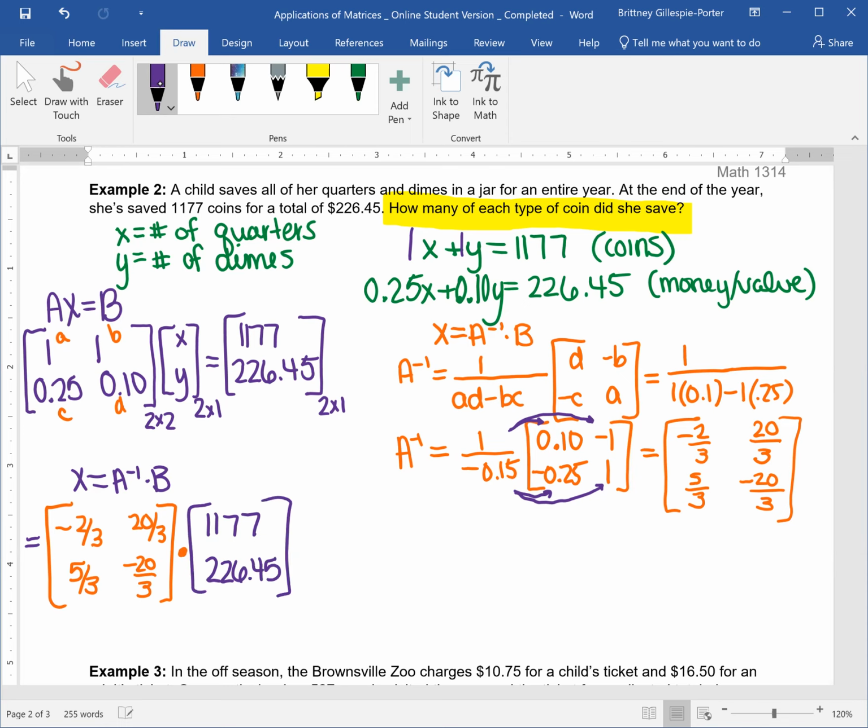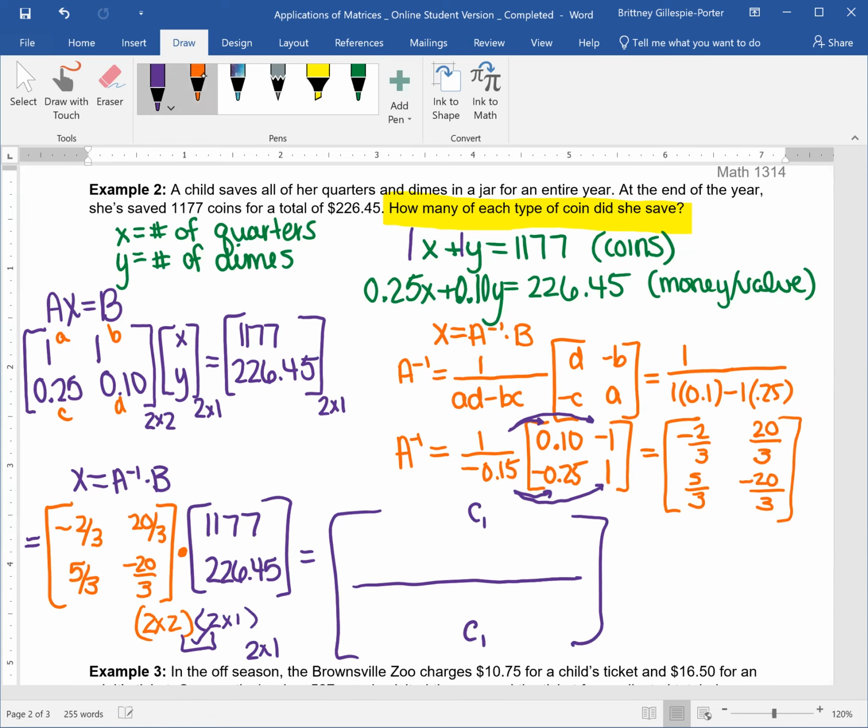And remember, we're doing rows by columns. We're taking a 2 by 2 times a 2 by 1. Middle numbers match, and we're going to wind up with a 2 by 1 as a result. We only have one column and two rows. So row 1 is going to be up top, row 2 is going to be in the bottom. And that tells you how to multiply them.